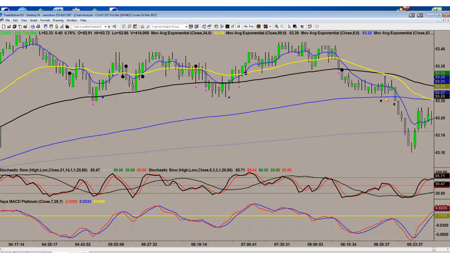Here's my T20. I've already gone through 89. What about now the 200? Should I buy because of the bounce of the 200? On that, I'm going to show you here, do I just ignore the 200?